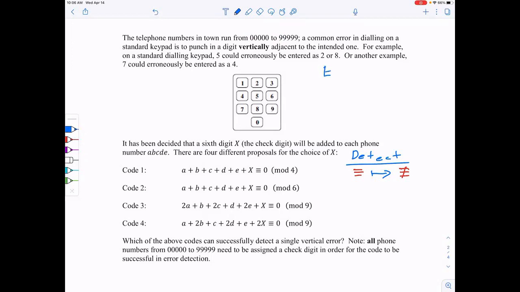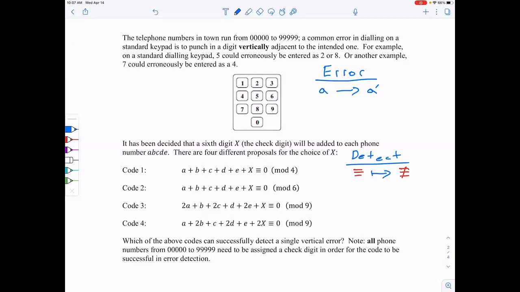So let's say that we have an error, and it's changed A to, let's say, A prime. So A prime specifically is the error, and A is the first digit of your telephone number that you begin with. What's important here is the change that occurs. So how much did A increase or maybe decrease to become A prime?